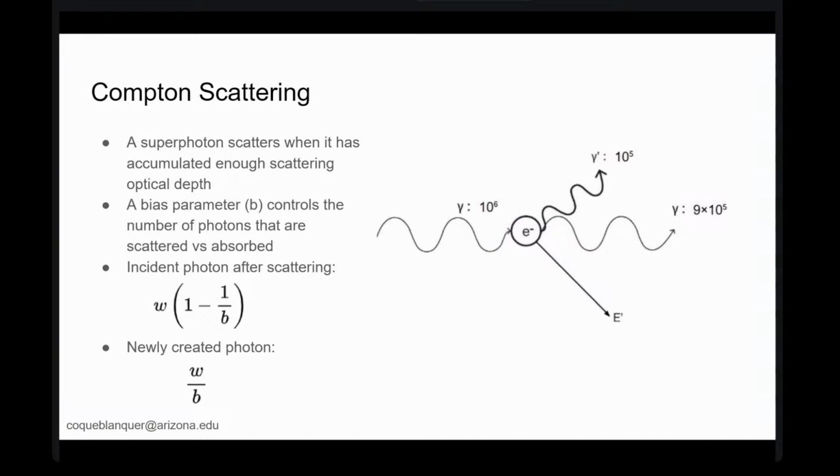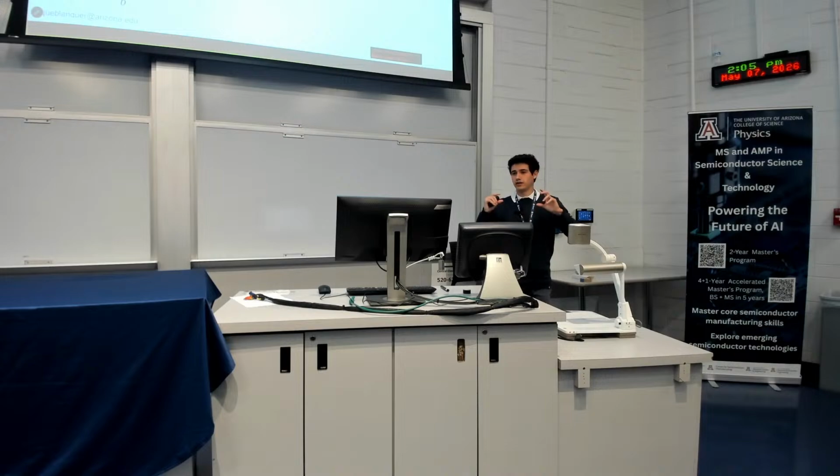So let's take, for example, a superphoton with a weight of 10^6, so 10^6 photons in the superphoton. If we have a bias of 10, the undeflected photon will have a weight of 9 times 10^5, and the scattered photon will have a weight of 10^5. So very few photons in this superphoton will be scattered by the electron. This is because electrons are really small particles and thus have a really little cross-section.